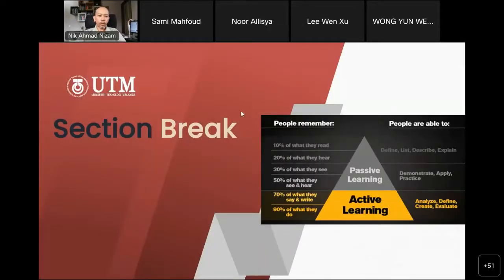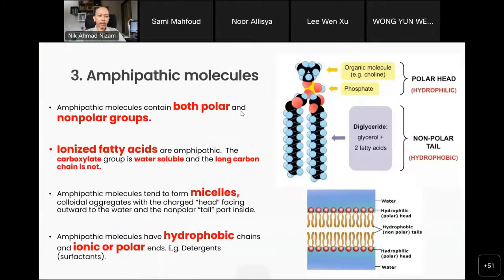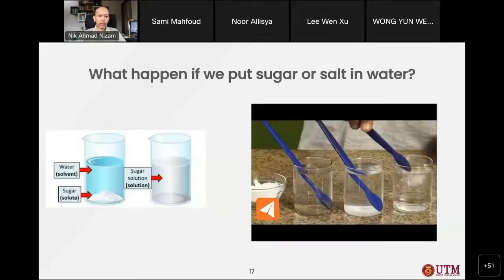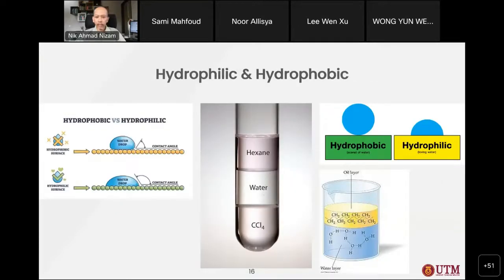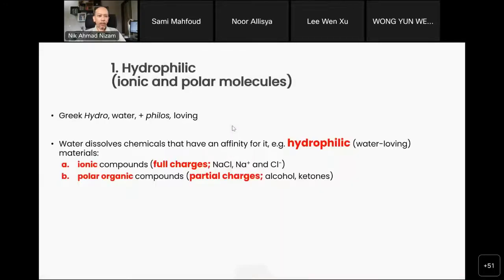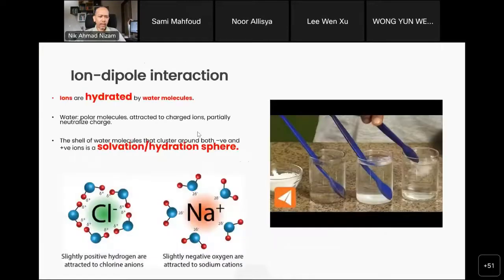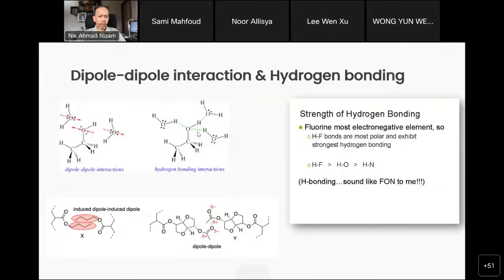Before we go to the section break, here we are again talking about hydrophilic and hydrophobic. Hydrophilic is ionic and polar molecules. They have three interactions: ion dipole, dipole dipole, and hydrogen bonding.